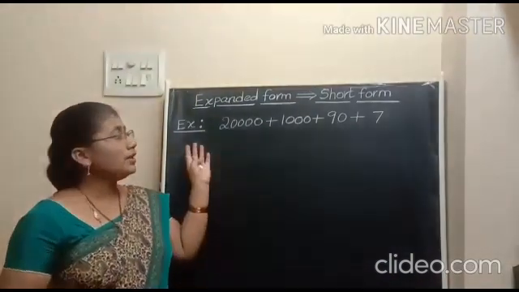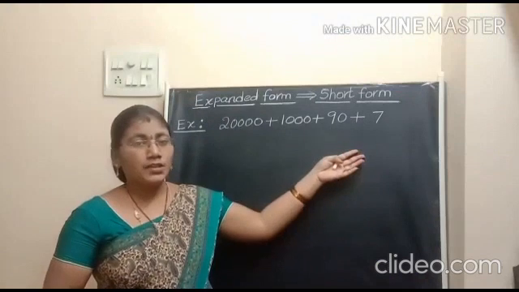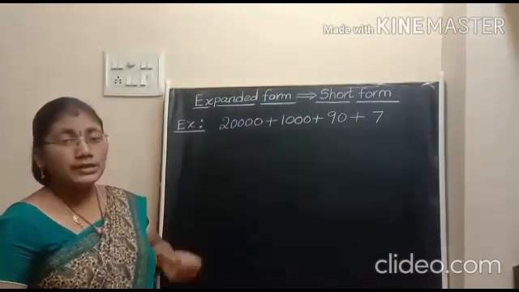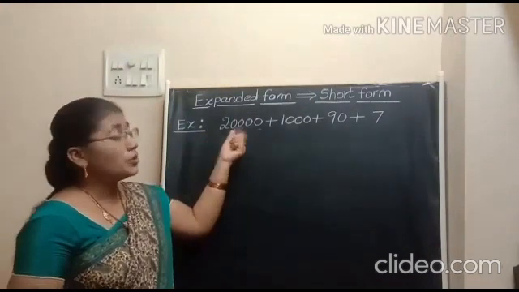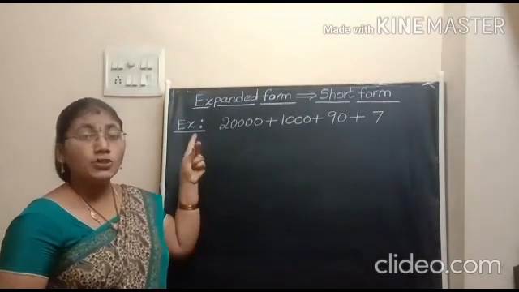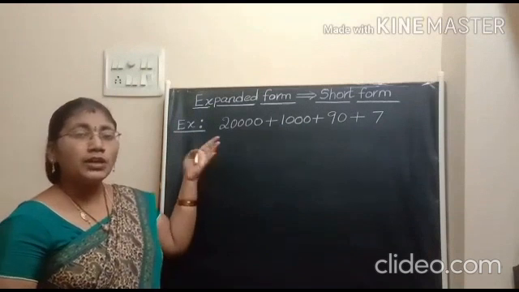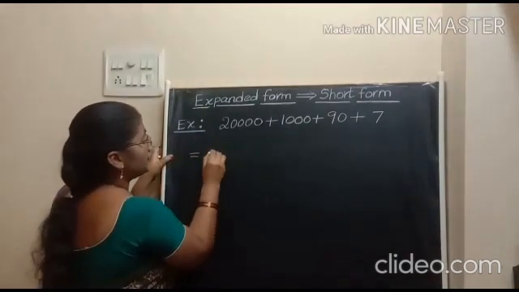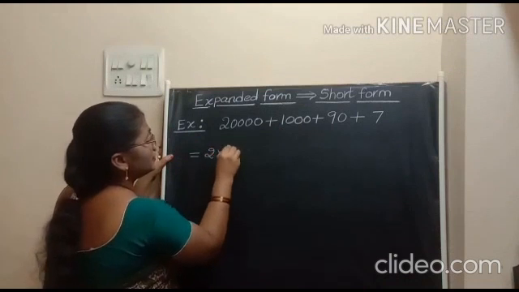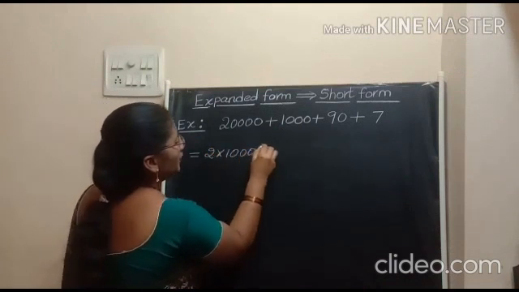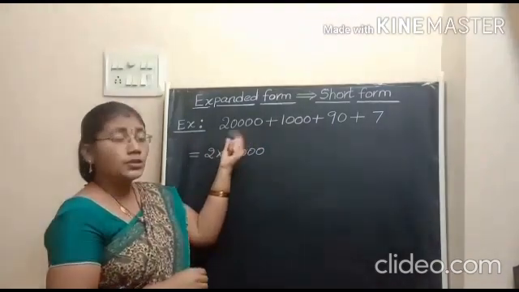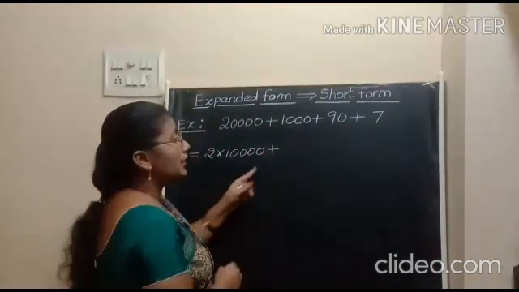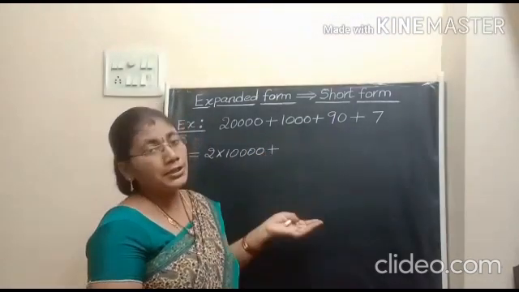Now I am taking this example. By observing this example, how many thousands are here? We have 20 thousands. We can write 20,000 as 2 into 10,000, plus we can write 1,000 as 1 into 1,000.